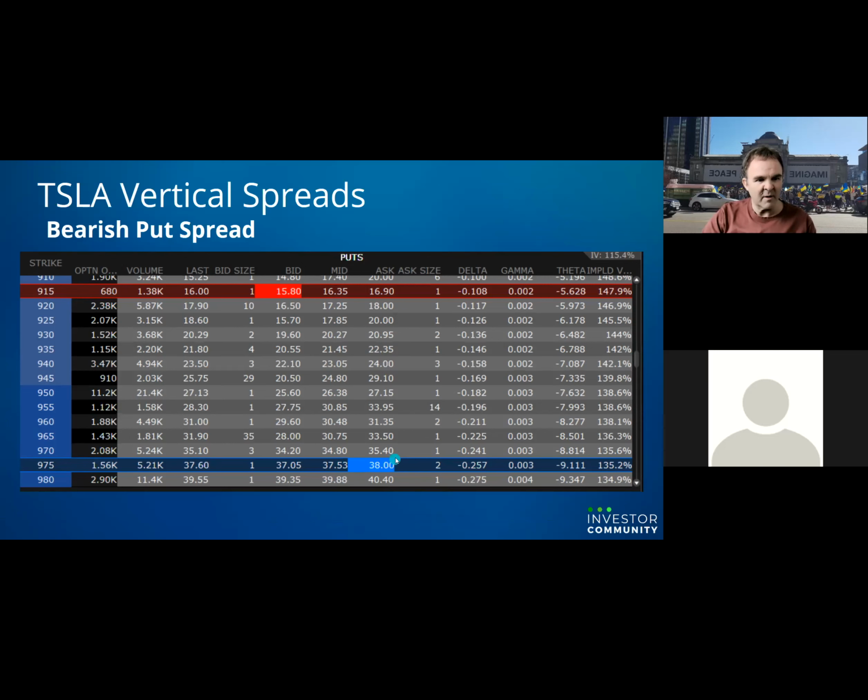I'm going to buy that for $38, and this buy here is going to cap my loss. And I am going to sell the 915 put, because that's $60 away, that's our market maker move, and I'm going to get 1580 for that. The reality is, though, I'm probably going to be closer to this mid price.